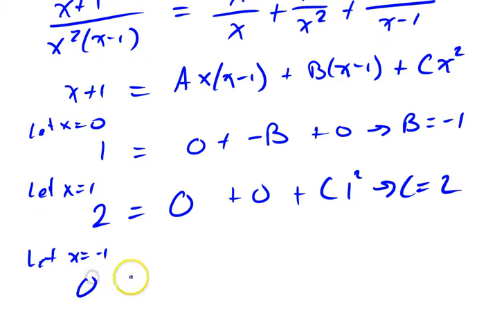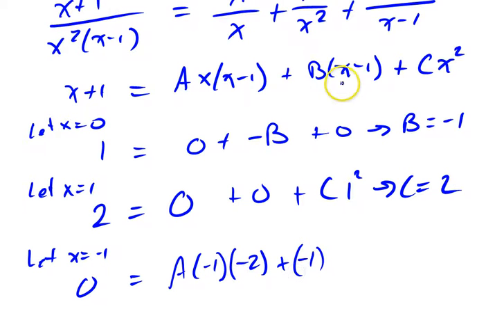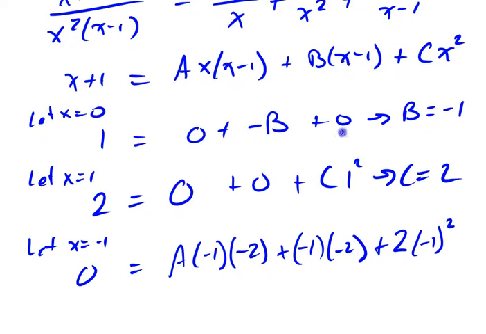So this would be a 0 on this side. This would be a times negative 1 times negative 2, because of the minus 1, minus 1. Then I have plus b, but I already know that b is negative 1, times, I'm plugging in a minus 1 for x, so this is also minus 2, plus c, but I know that c is 2, and then the x squared, so the minus 1 squared.